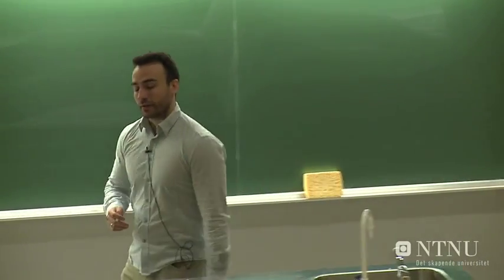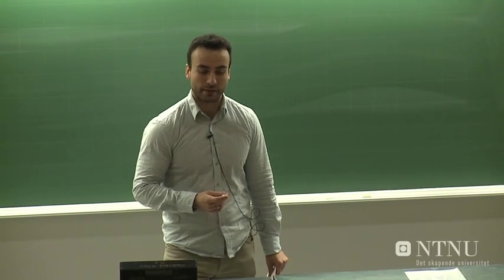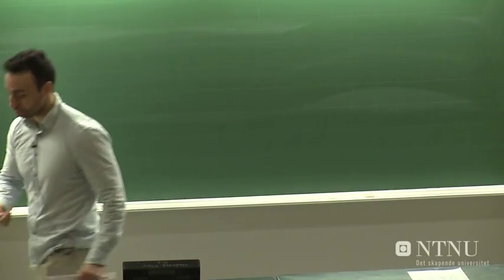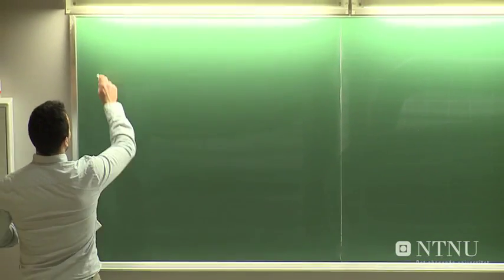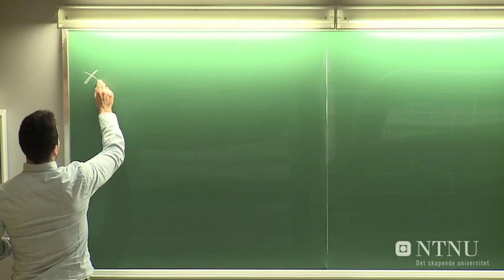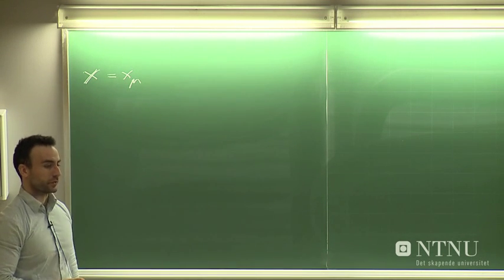So these Lorentz transformations are a fundamental part of this special theory of relativity, so we'll continue a bit with them today. So just to recap, we had introduced this four-vector notation.